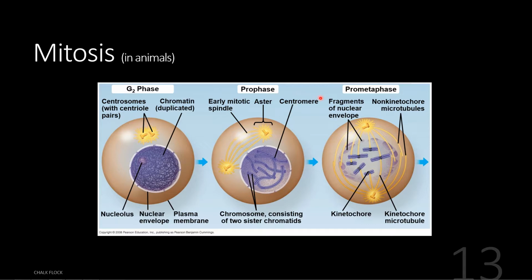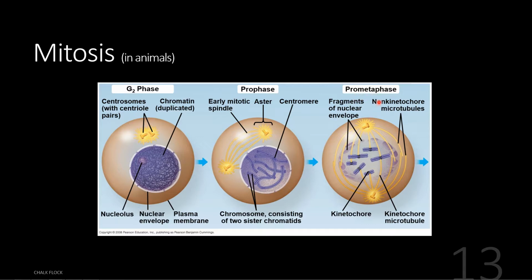The next phase is prometaphase. And prometaphase is actually easy to remember because it's between prophase and metaphase. We'll look at metaphase in the next slide. So obviously it makes a lot of sense just to smush both pro and meta together to make prometaphase.